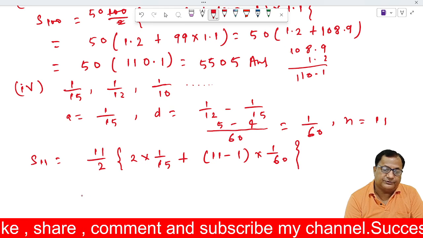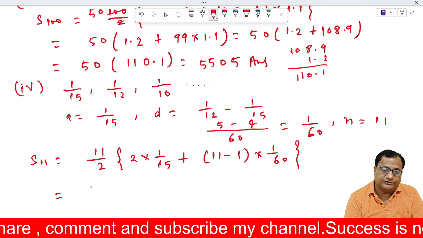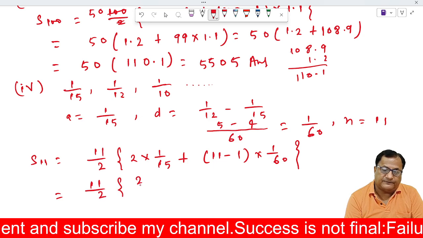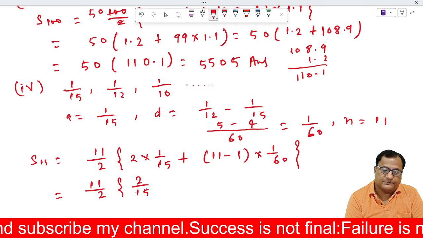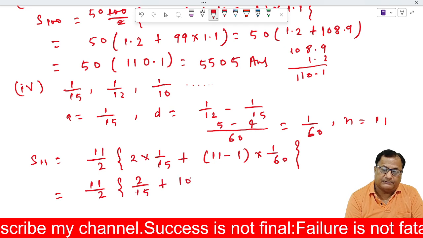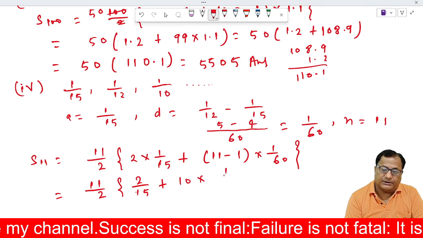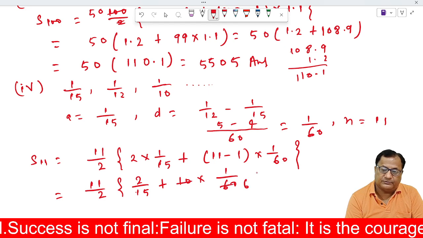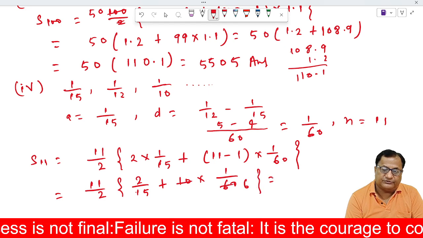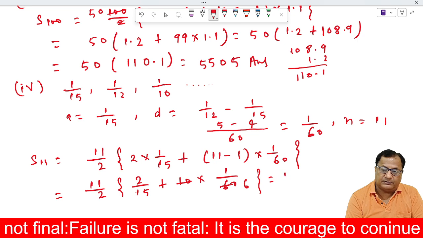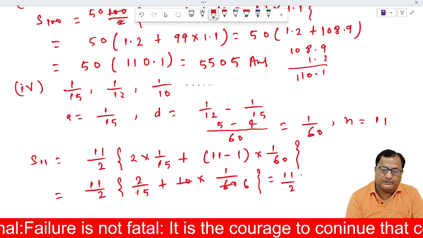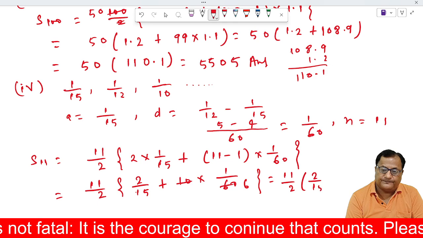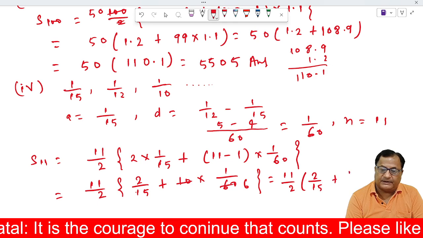So this is 11 by 2, into 2 by 15 plus 10 into 1 by 60. This is 1 by 6. This is 11 by 2 into 2 by 15 plus 1 by 6.